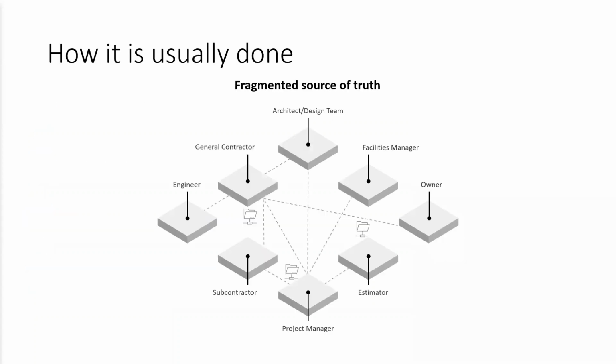Okay, so before we talk about the Autodesk Construction Cloud, let's take a snapshot of how most projects are currently delivered at a high level. One of the biggest problems we hear from our clients is this idea of having fragmented sources of truth between the different design teams that are involved in any particular project, right?